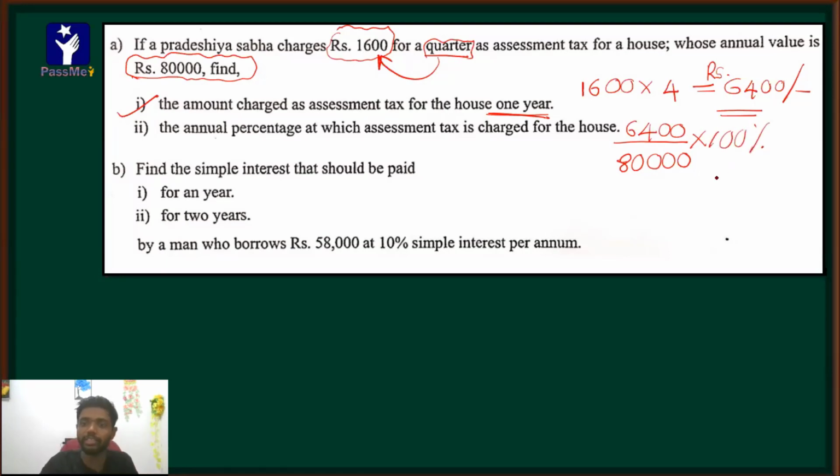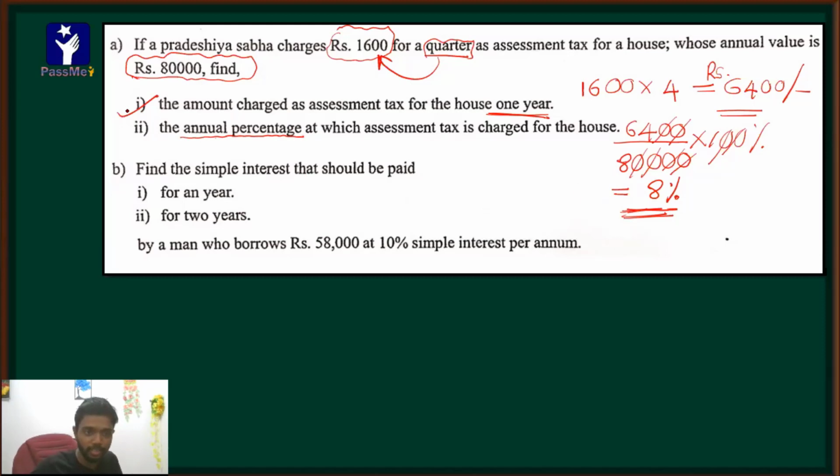That is the only mathematical step you need to solve: 64 divided by 8 means 8%. So finally the annual percentage rate is 8%.